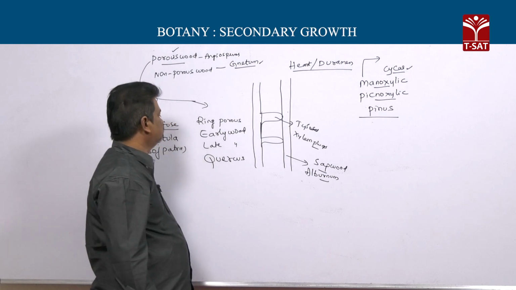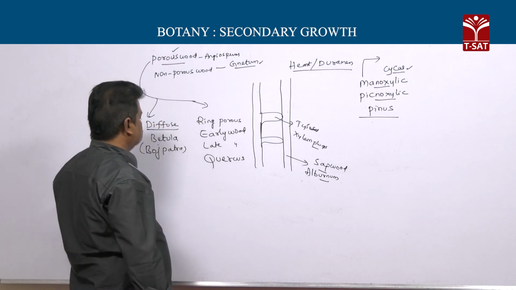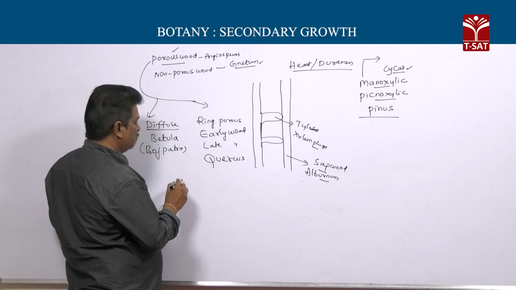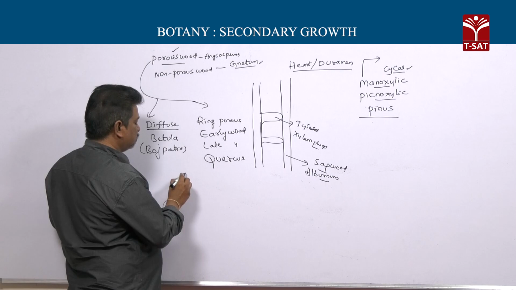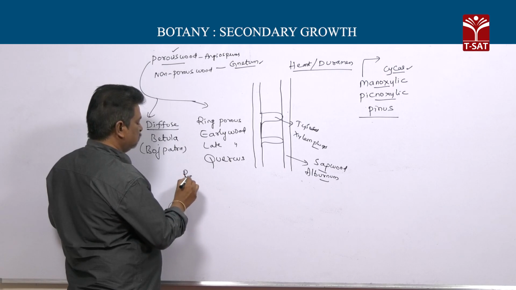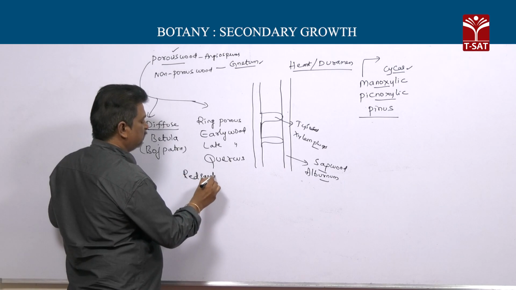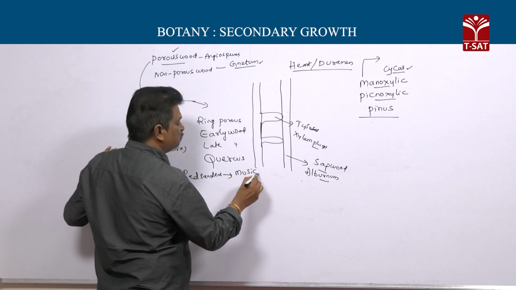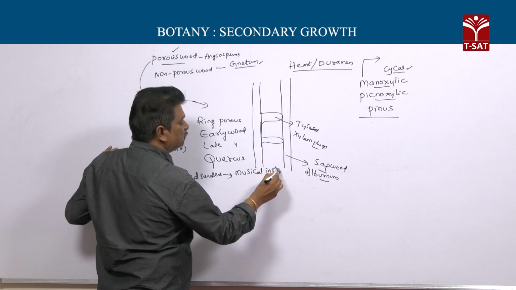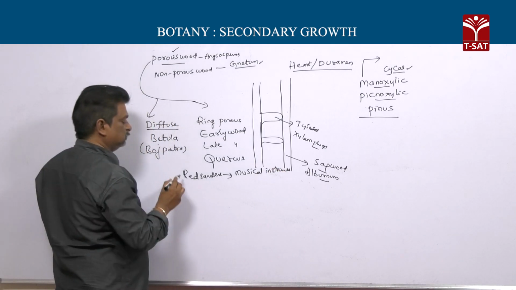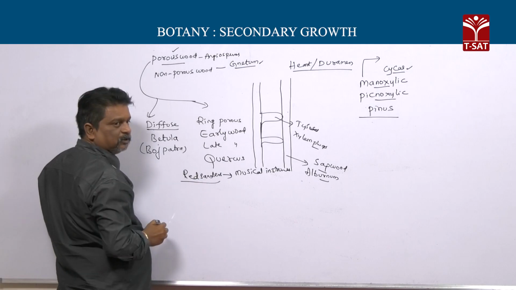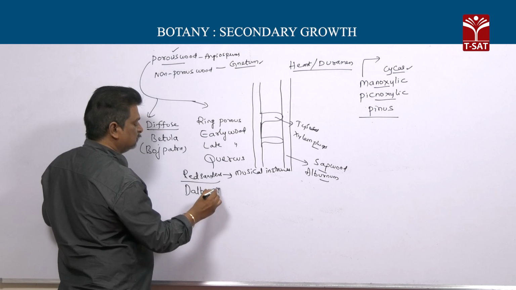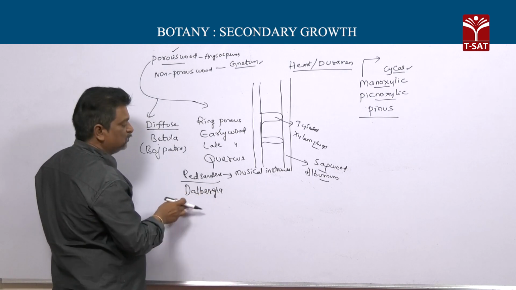Then, importance of some woods. Pterocarpus santalinus, red sanders, wood is used to make musical instruments. Common name is red sanders. Then wood of Dalbergia, rosewood.